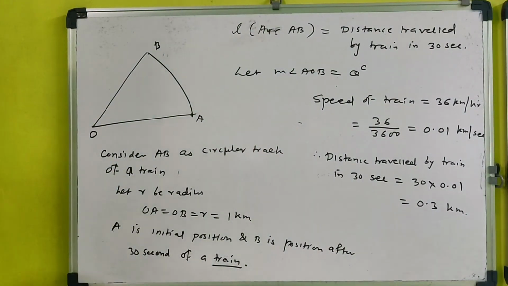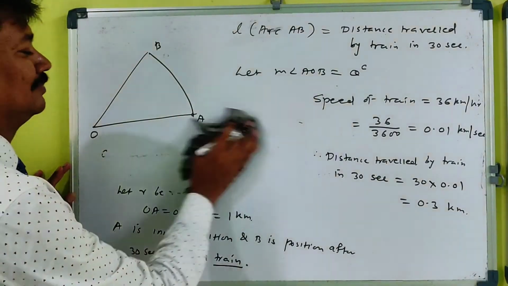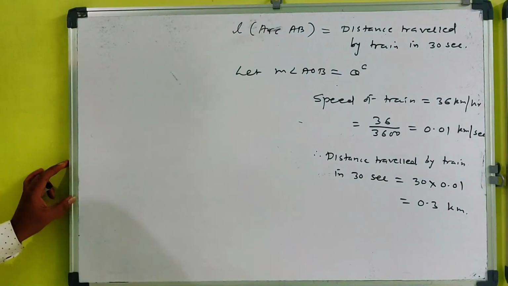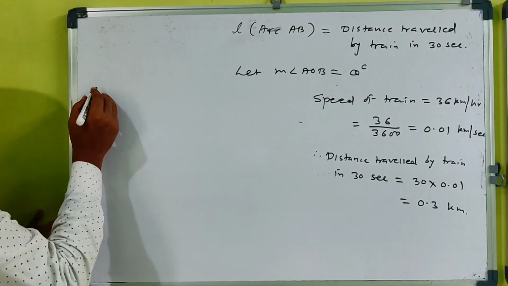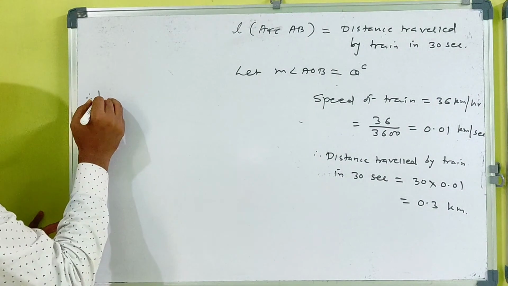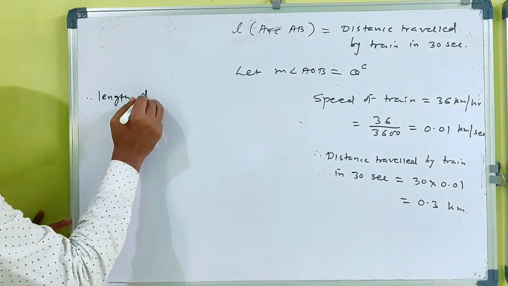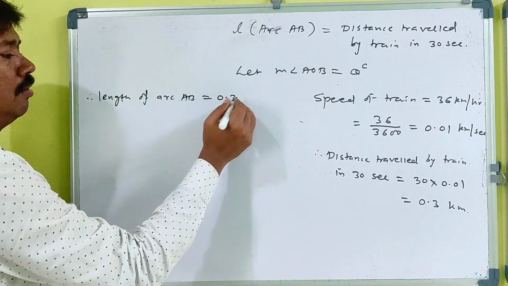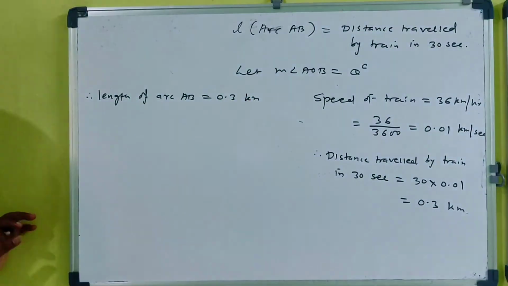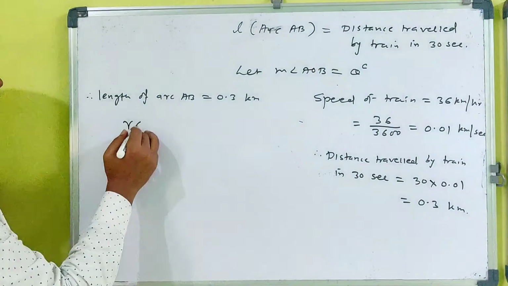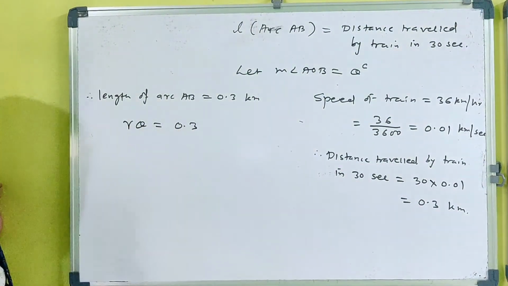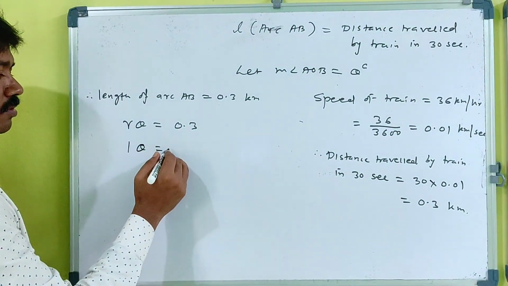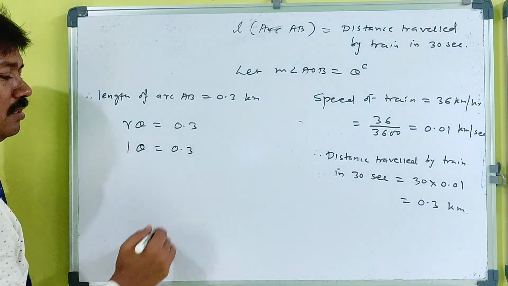Therefore the length of arc AB is equal to 0.3 kilometer, and that is nothing but R theta. What is R theta? The value of R is given as 1 kilometer, so 1 into theta is nothing but 0.3.